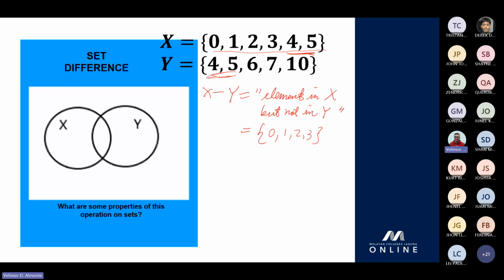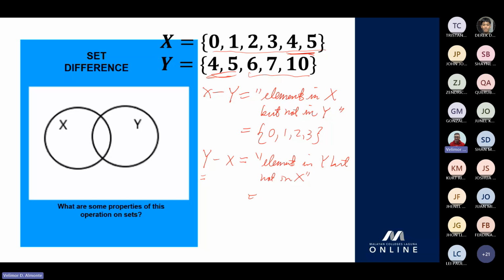Delete 5. Now, I can have y minus x. This means these are elements in y but not in x. So the first set is important, but not in x. So ang masusunod yung laman ni y. How about yung 6, 7, 10 kanina?